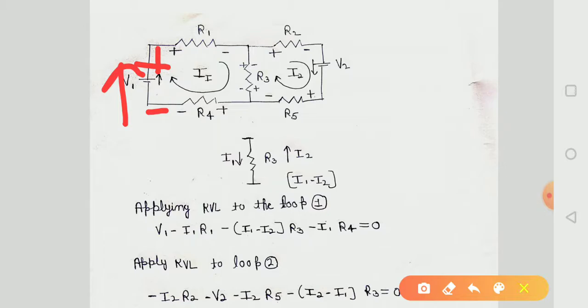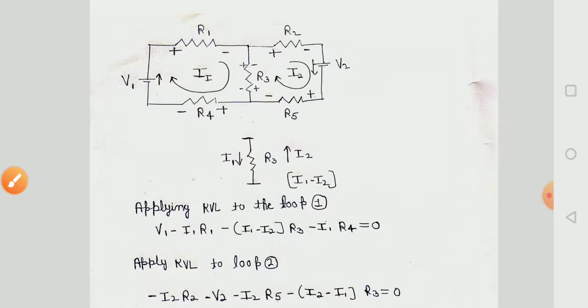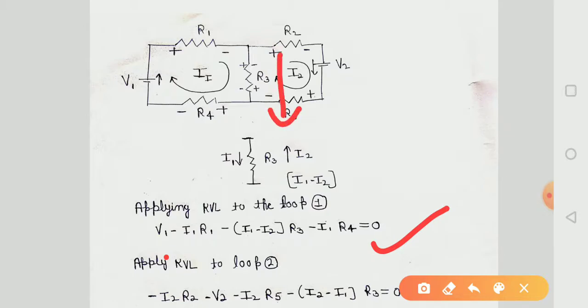Now the equation for the first loop becomes V1 minus I1 into R1, and minus, in resistance R3 the current is I1 minus I2.